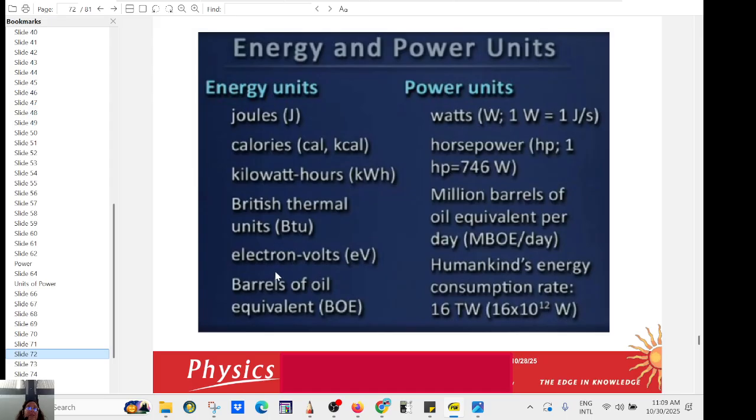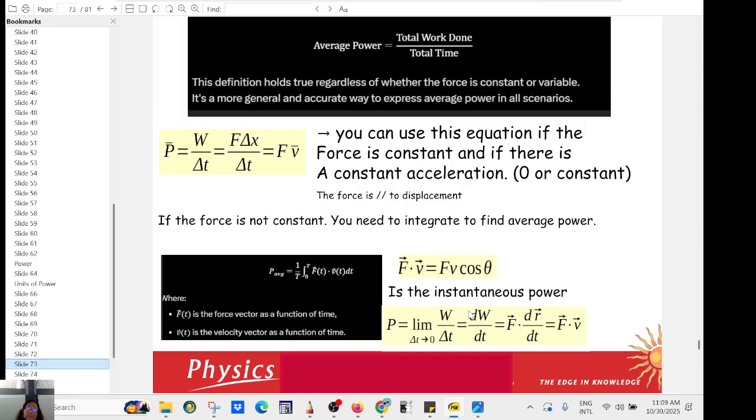Okay, so that will be energy for you, units of energy, units for power. Okay, and then we have also an interesting definition. So average power is the work over the time, or the change in kinetic energy over the time.